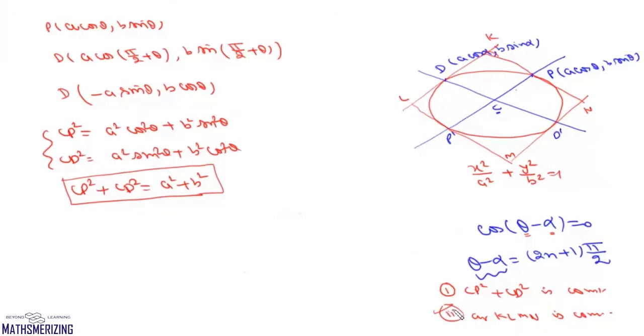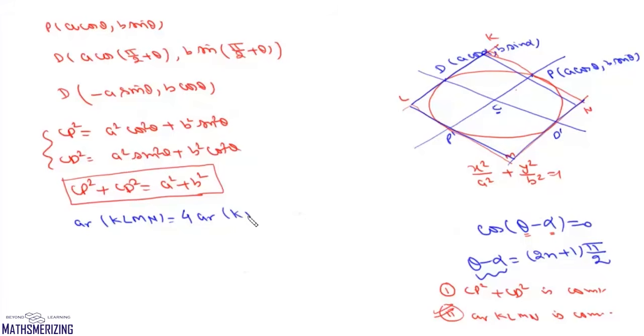Now we'll come to the second result. We need to find the area of this parallelogram. From symmetry we can say that the area of KLMN will be 4 times the area of this parallelogram CDKP.